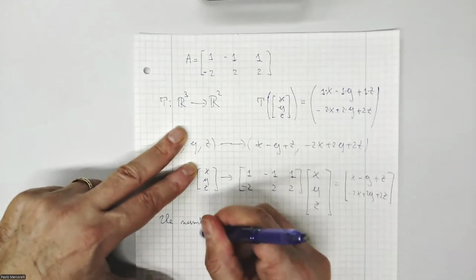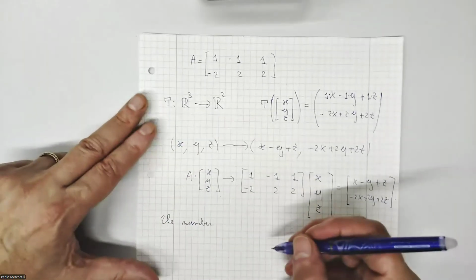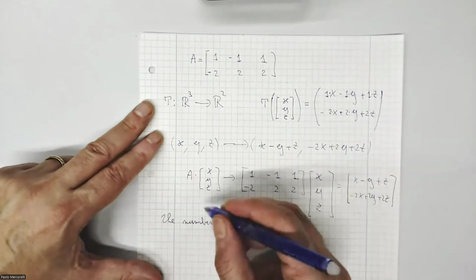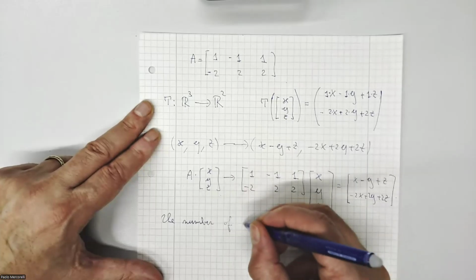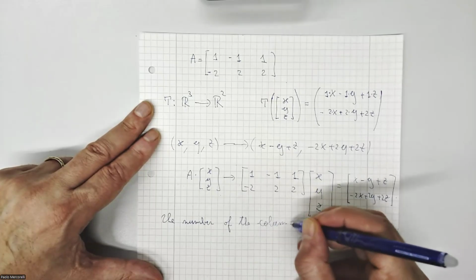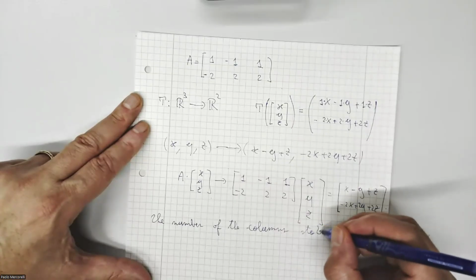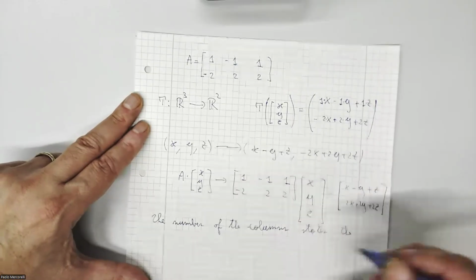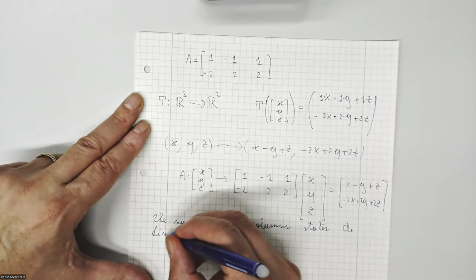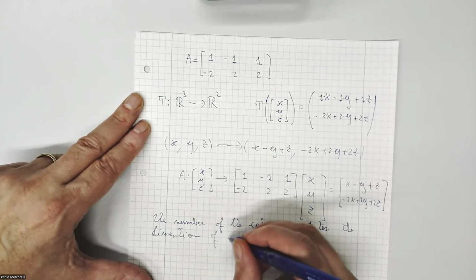I already told you about that in the slide, but probably with too many things together. The number of columns states the dimension of the domain.